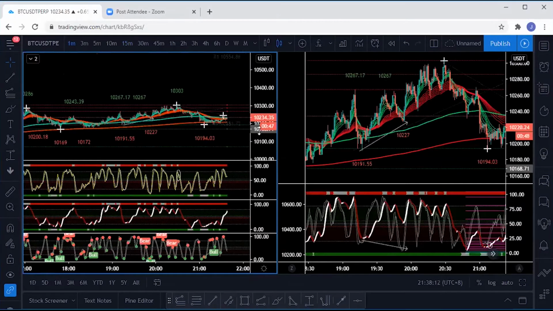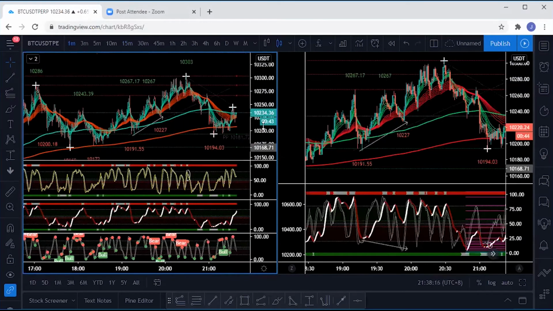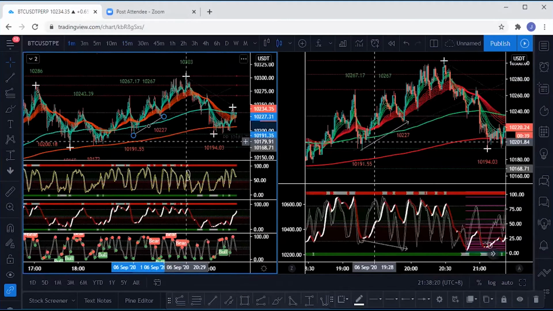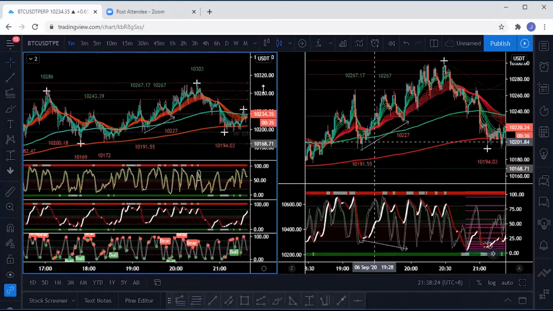Okay, so how are you going to trade a bearish divergence in 15 minutes in our 1 minute time frame? So you need to enter every bounce in our resistance area, every cross.